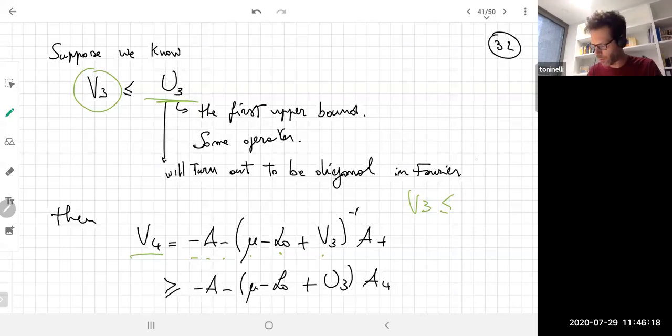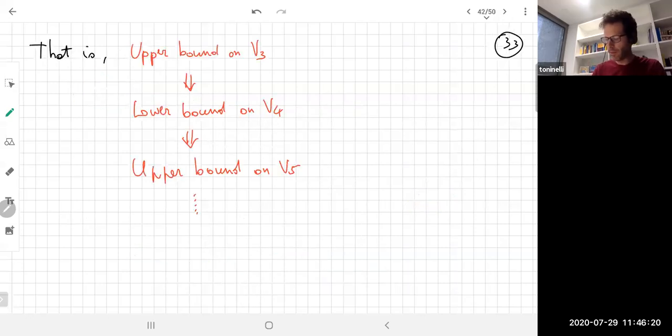So the scheme is that you first prove an upper bound on V3, that gives you a lower bound on V4, that gives you an upper bound on V5, etc. You kind of ping-pong back and forth between upper and lower bounds.